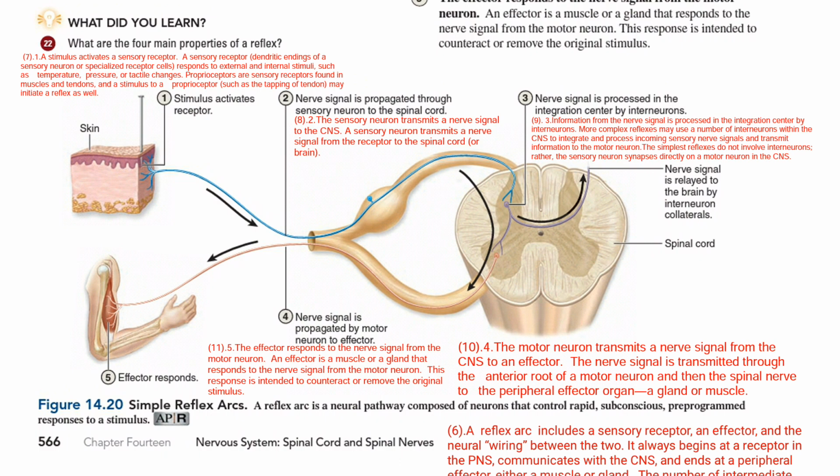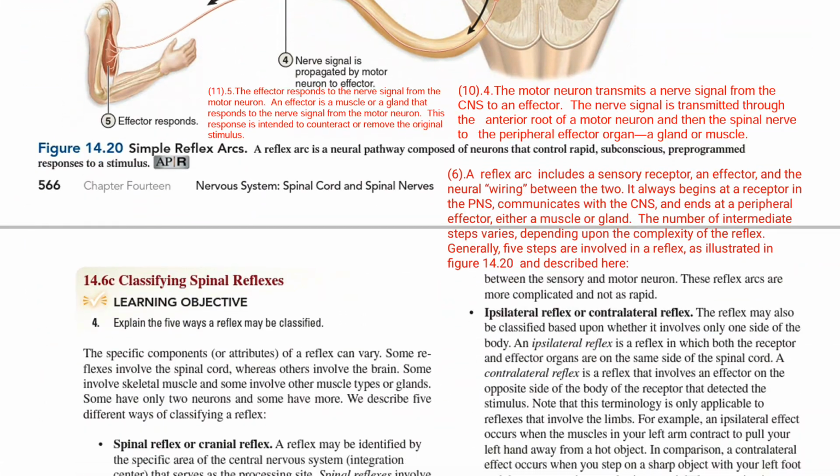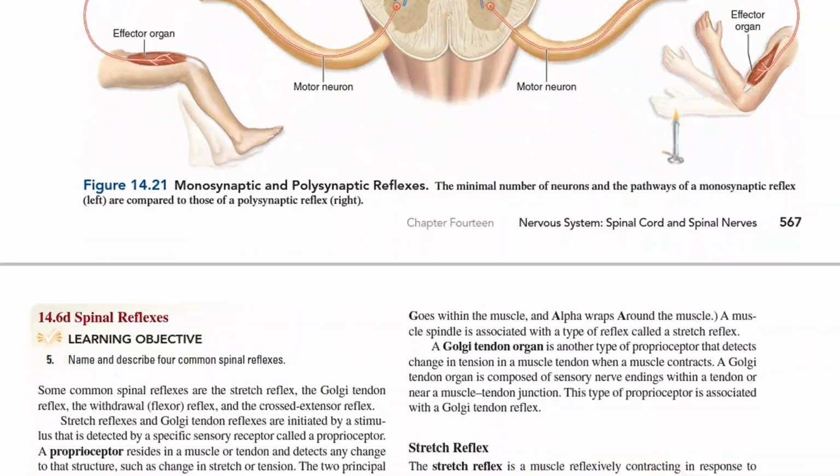So this figure shows a simple reflex arc. Now we are moving forward.